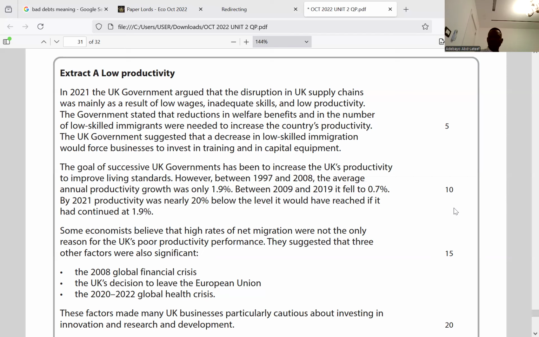Okay. So for productivity to increase, you need adequate skills. You need high wages, reduced welfare payments, and investment in education and training. That brings about adequate skills.